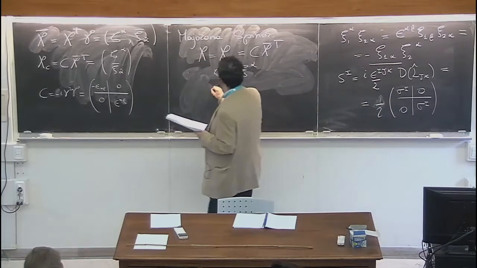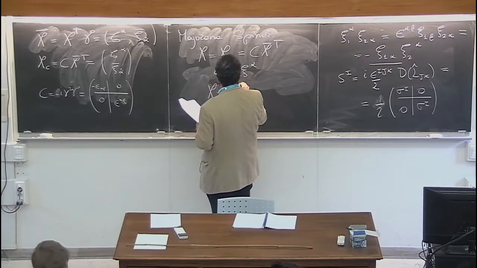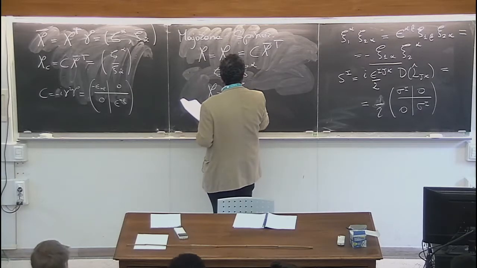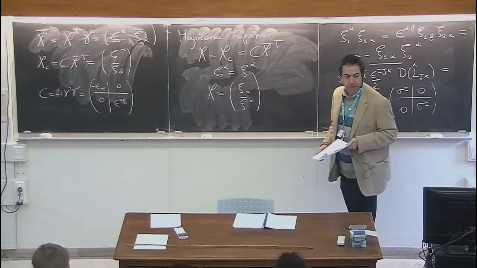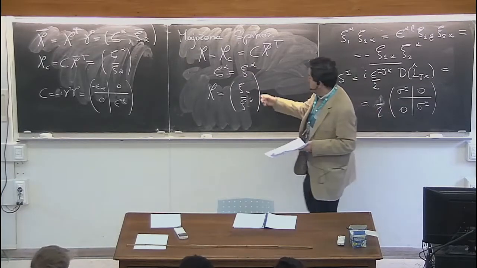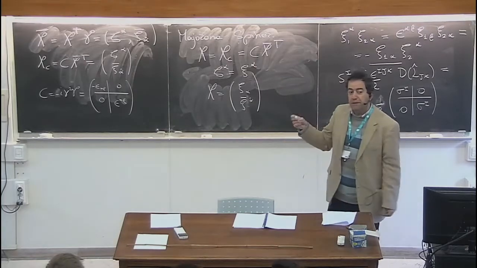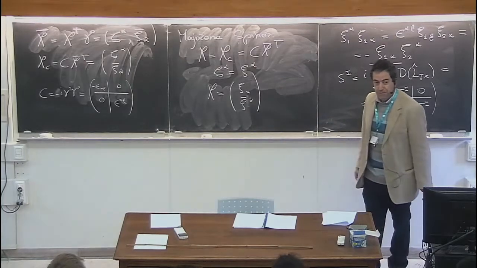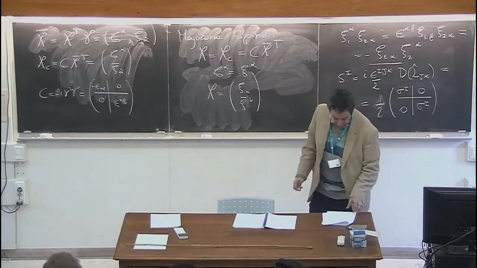So a generic Majorana spinor has the form psi alpha, psi bar alpha dot. So the upper and lower components are related by charge conjugation and multiplication by the epsilon symbol, right? You can easily verify that this is Majorana.